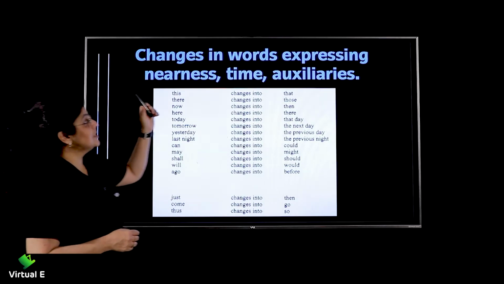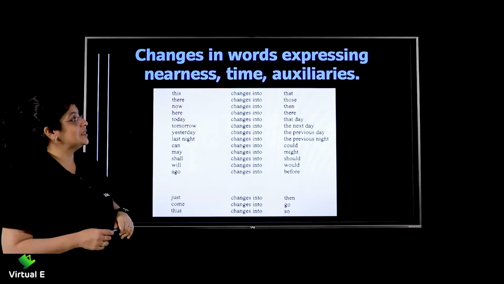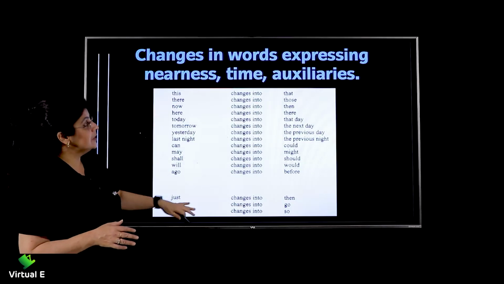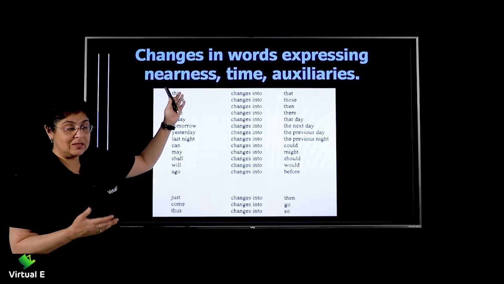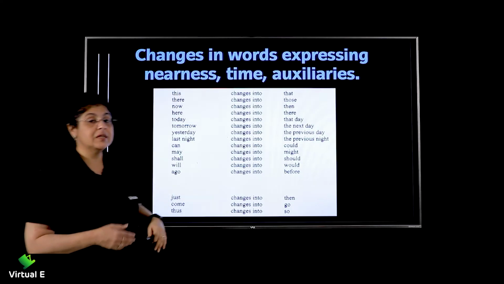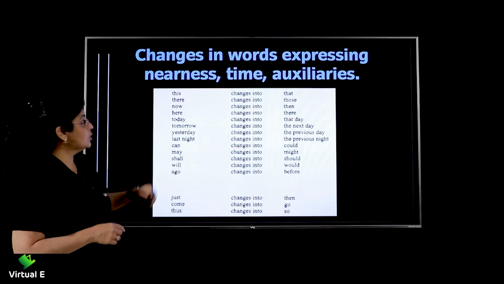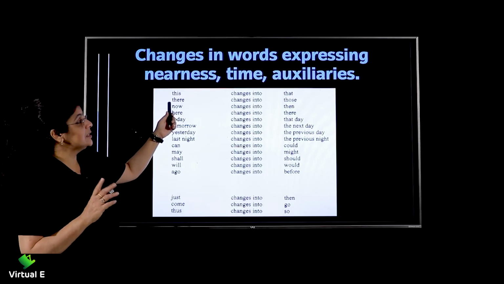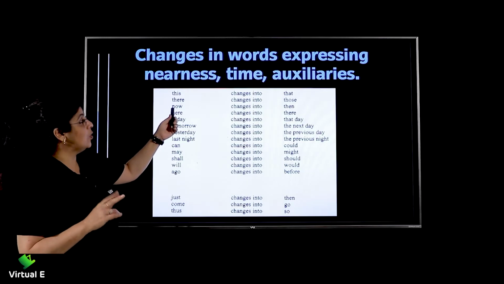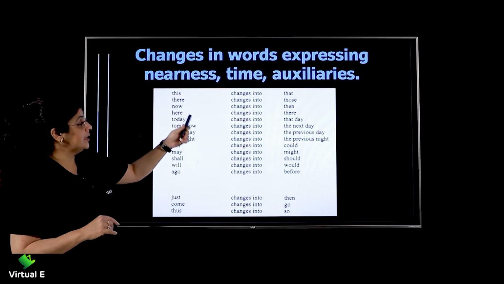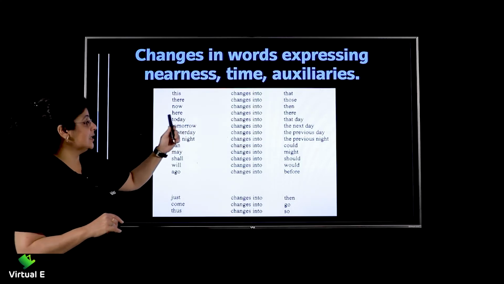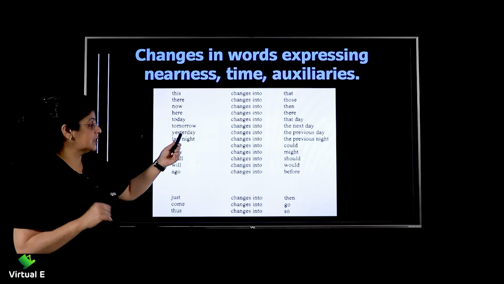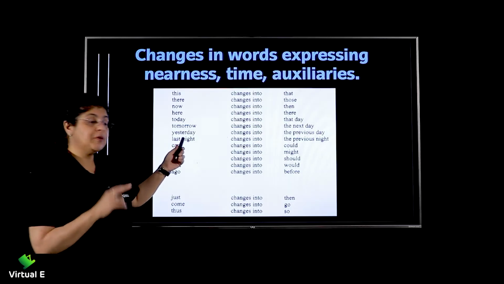Now, changes in words expressing nearness, time and auxiliaries. Here, when you have nearness, distance, time and auxiliaries, what will they change to? So, let's see. This to that, these to those, now to then, here to there, today to that day, tomorrow to the next day, yesterday to the previous day, last night to the previous night.